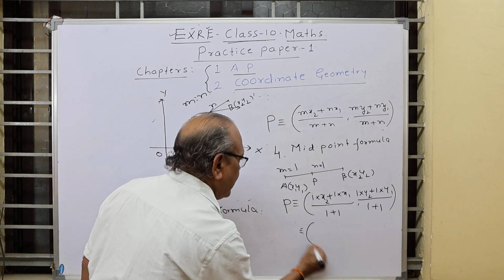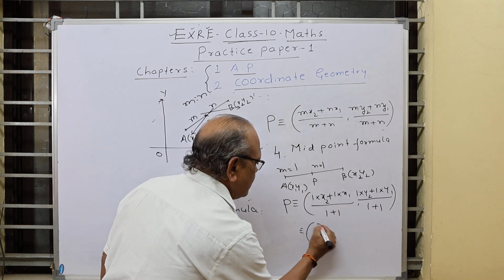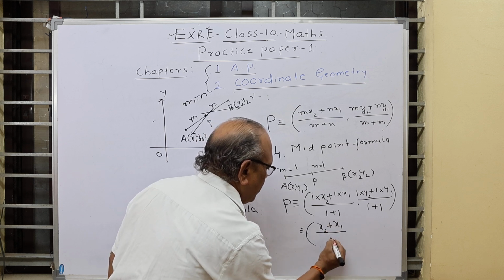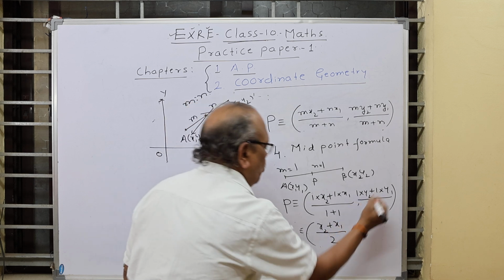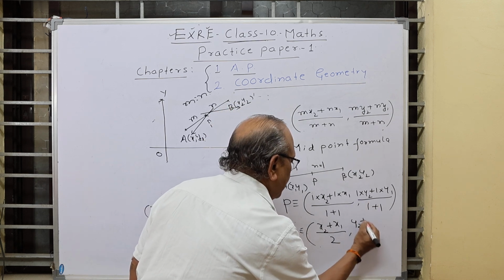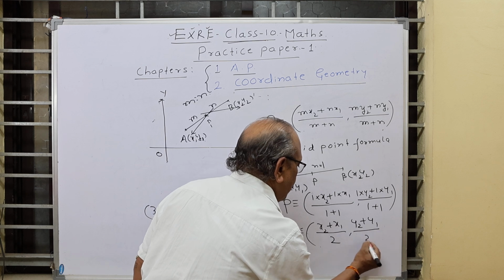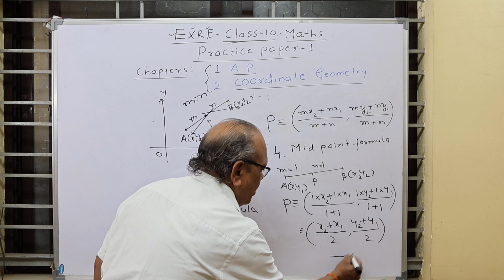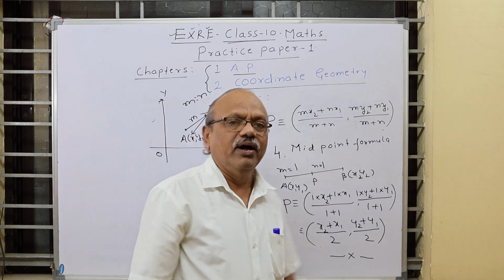Finally it becomes (x2 plus x1) upon 2, and (y2 plus y1) upon 2. That's all. Just remember these formulae in coordinate geometry and get ready.